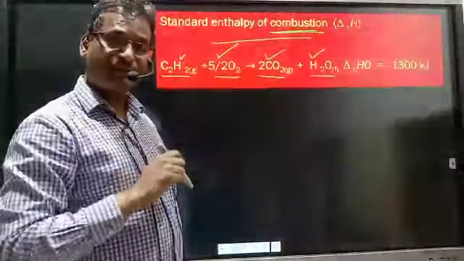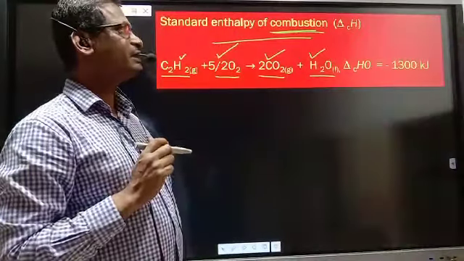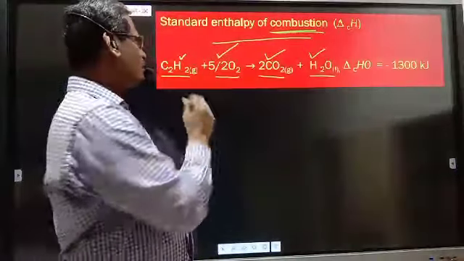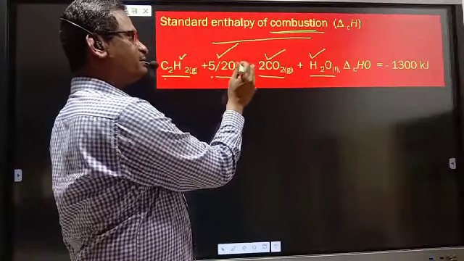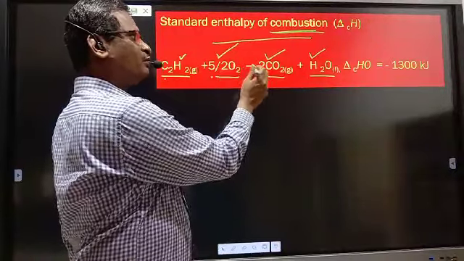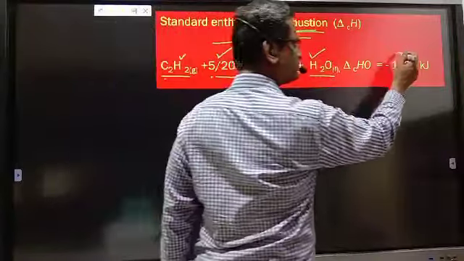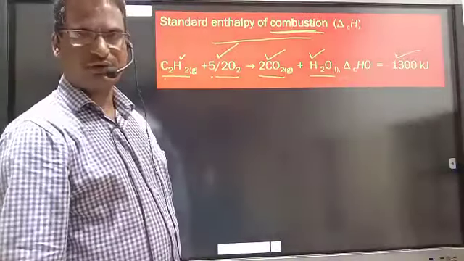And what is enthalpy of combustion? Enthalpy of combustion is the enthalpy change whenever 1 mole of substance undergoes burning in presence of excess of oxygen to form stable oxidation products CO2 and H2O. This delta H is known as enthalpy of combustion.